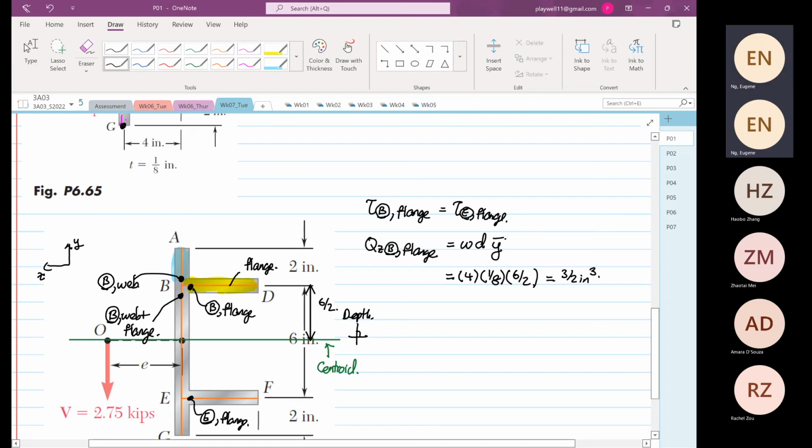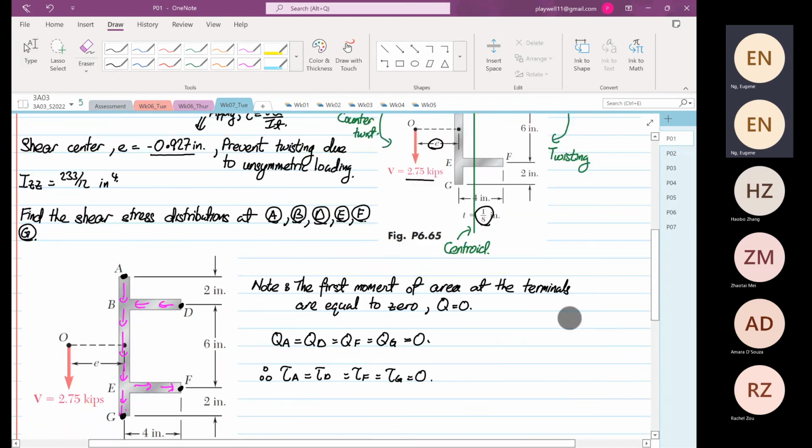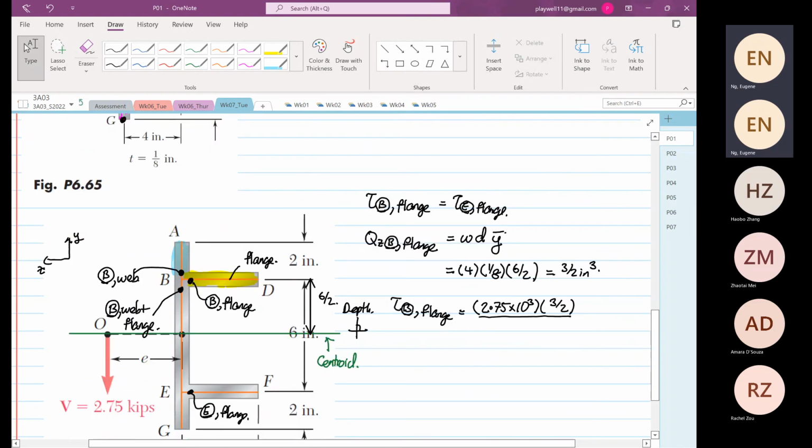From here we can directly find the shear stress at point B, just considering the flange. The load is 2.75 times 10 to the power 3. Q is 3/2, and I we found is 233/12, then divided by the thickness, which is 1/8.